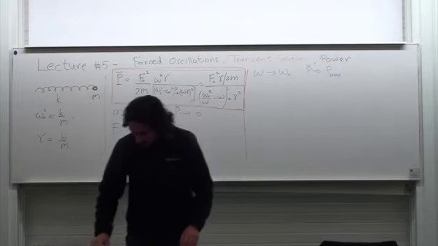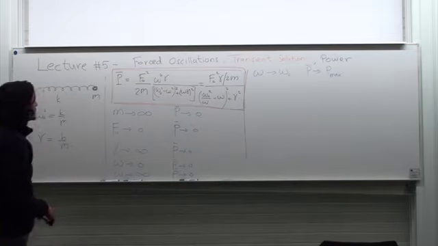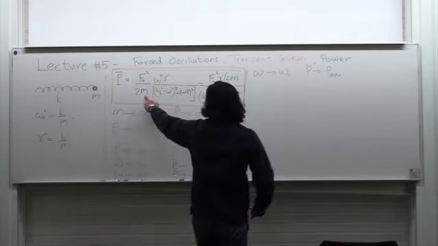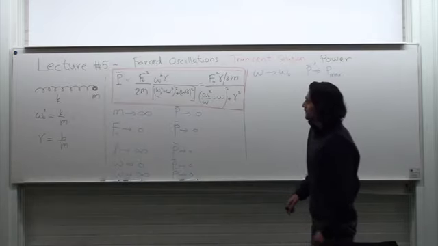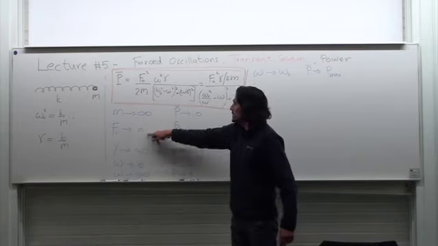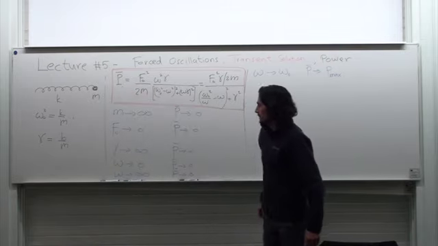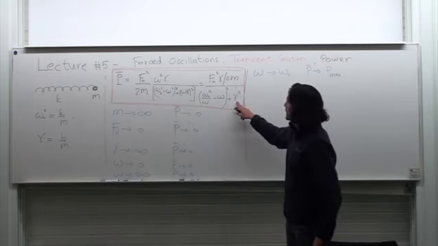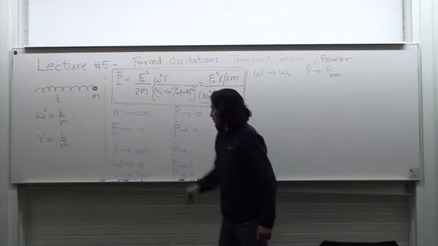Now let's look at the equations and see if these are all satisfied. When m goes to infinity, there is no power. That is 0. When f0 is 0, P is 0. When gamma goes to infinity, P is 0.